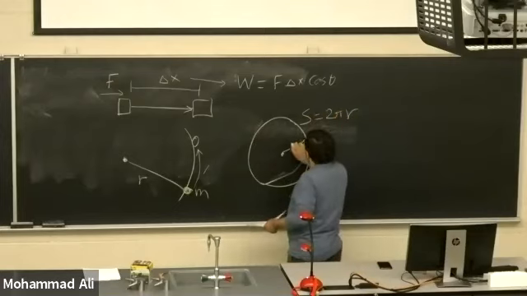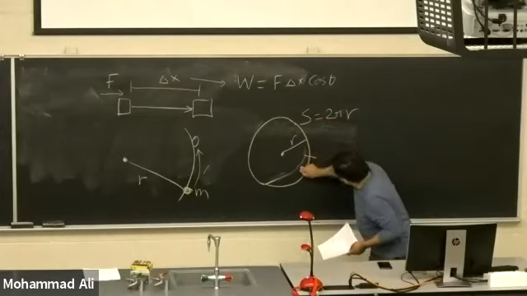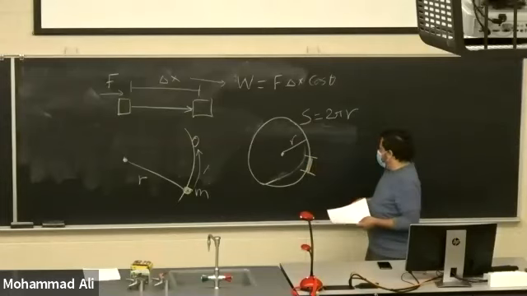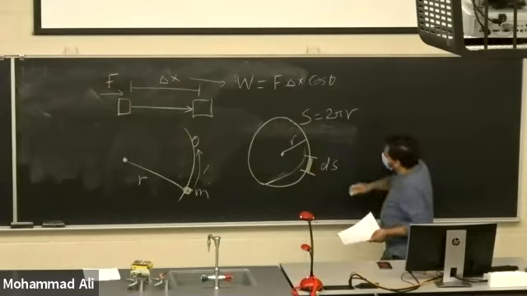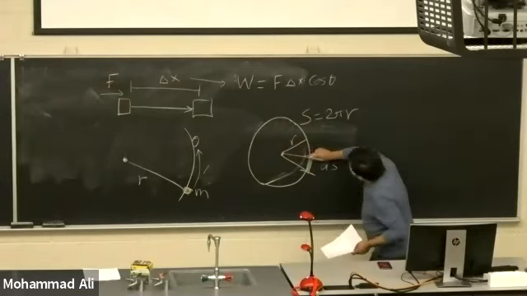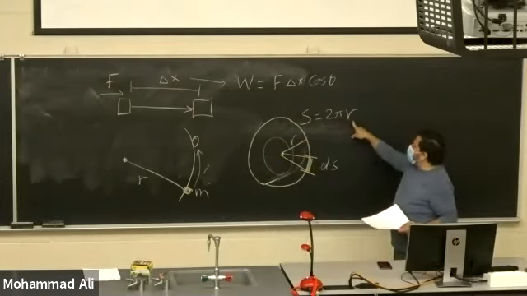But if we take just a part from this total circle, this will be the s, and the total angle is 2 pi multiplied by r.